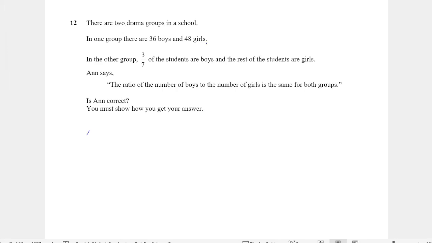Okay, so if we look at group 1, the ratio of boys to girls is 36 to 48. And then for group 2, again, I'm going to set it up as a ratio, boys to girls, and in effect, we've got 3/7 boys, so that means that there must be 7 parts, meaning that there are 4 girls.